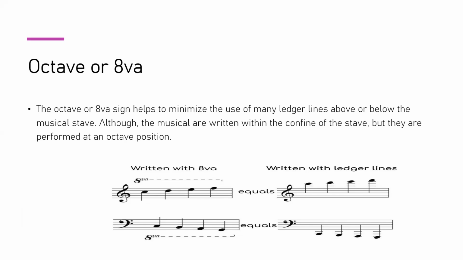What do we mean by octave in music? For example, if I have this sound, do, give me an octave of it. An octave of this sound I've just given is do, do. How is it like that?